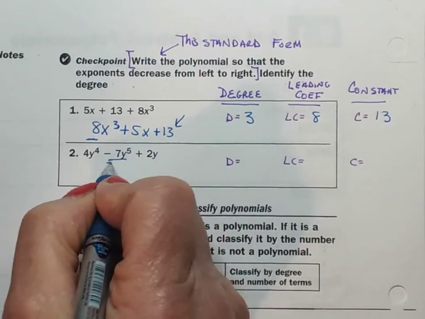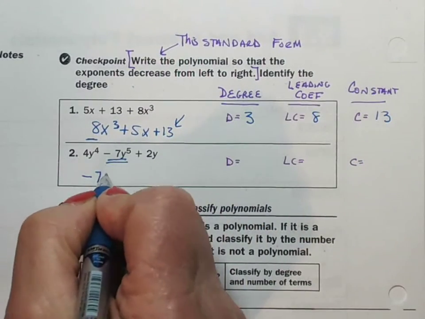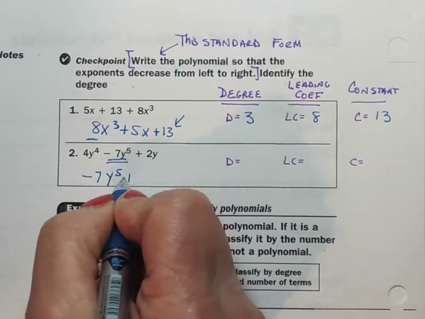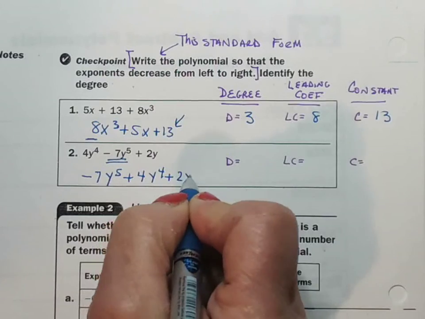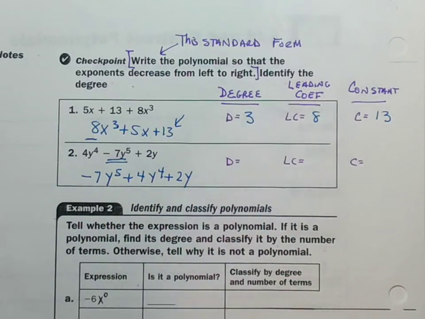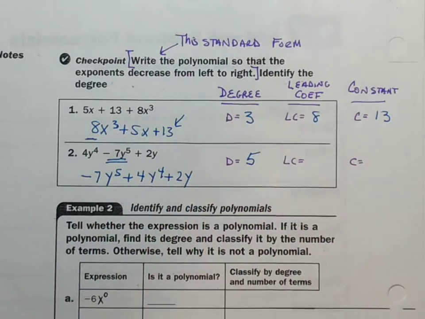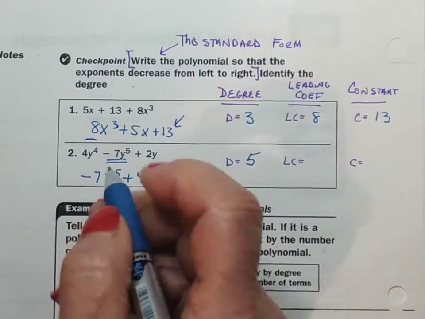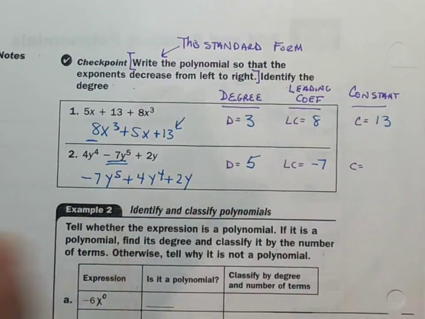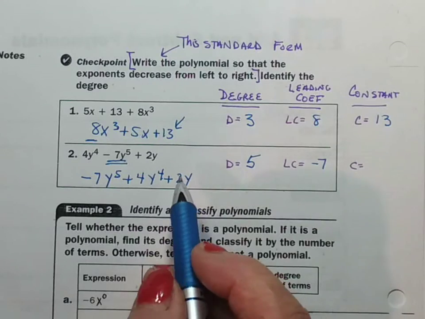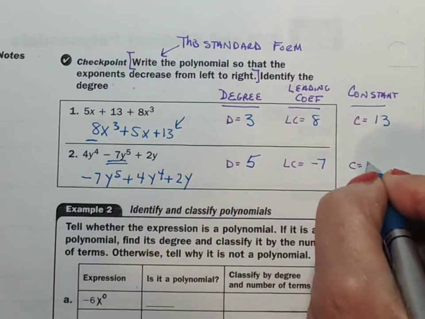In the next example, make sure that you take your sign with you. So this is negative 7y to the 5th plus 4y to the 4th plus 2y. The highest exponent is 5, so the degree is 5. The leading coefficient, don't forget this is negative, is negative 7. And we don't have any constants, so there's none.